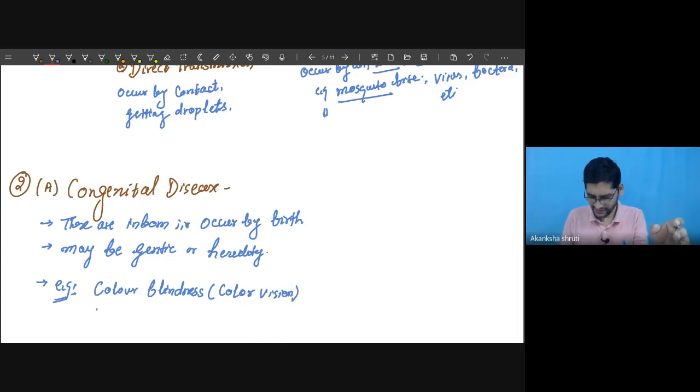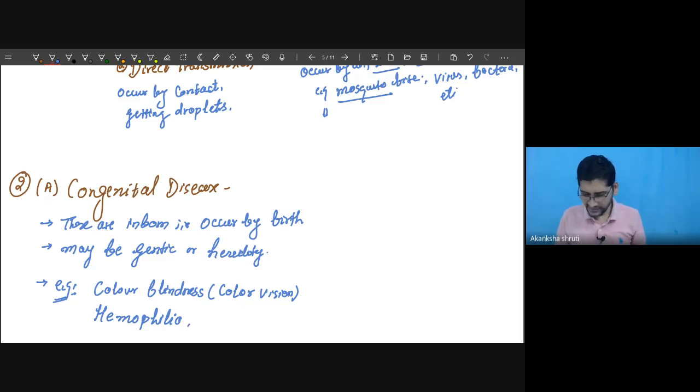Other, it can be the blood disorder called hemophilia. Sorry, the blood alteration, hemophilia. Once the person gets a wound, that wound doesn't heal easily if the child has hemophilia.